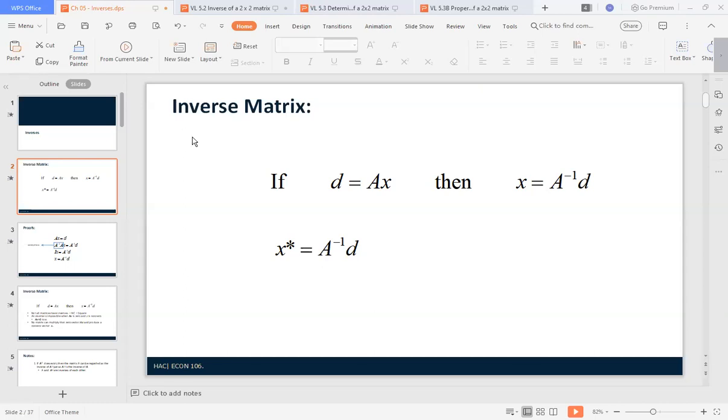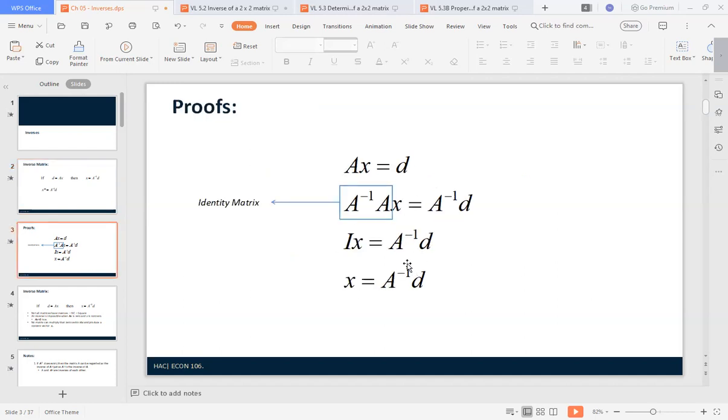Okay, let me just clarify some points here. I just want to emphasize again the role of why we're getting an inverse, or why we are trying to solve for the inverse, class. If the inverse exists, let me use this one. In this case, if we're solving a system of linear equations, we assume that A is a square matrix and we have all these other ingredients such as the vector of variables and the constants.